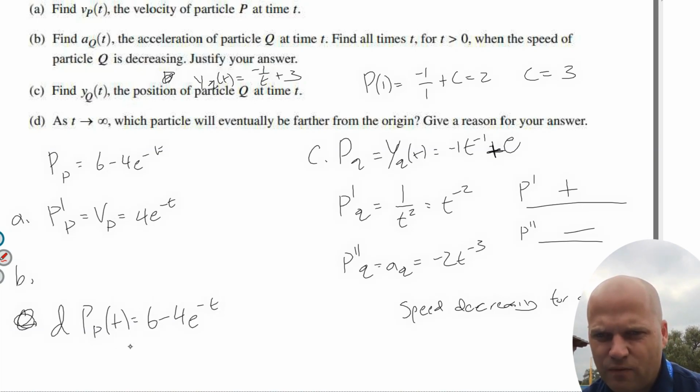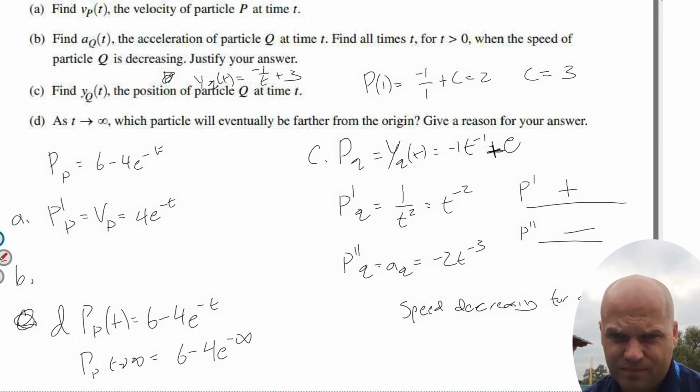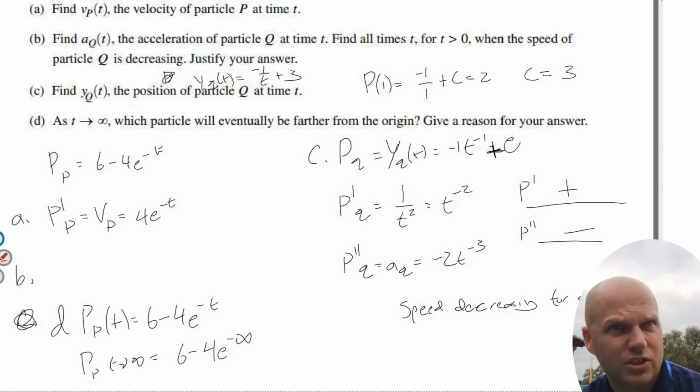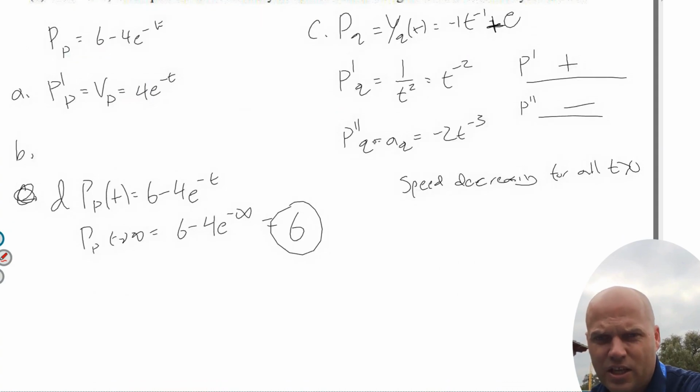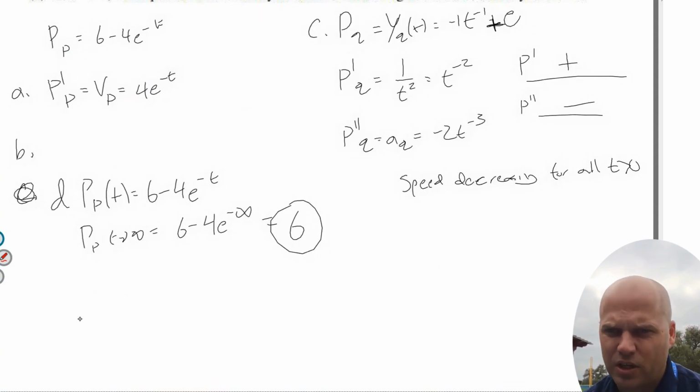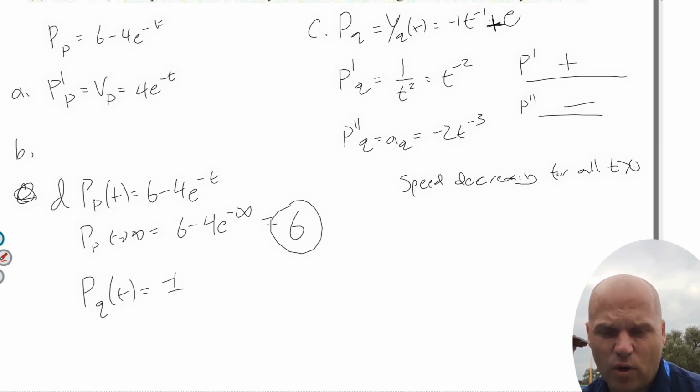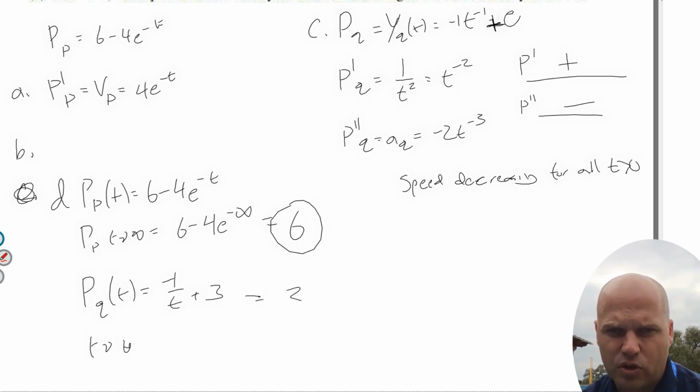As t approaches infinity, remember the idea that e to the negative infinity approaches 0? So my particle is approaching 6, versus particle Q being negative 1 over t plus 3. As t approaches infinity, you get negative 1 over infinity plus 3. You're going to approach 3.